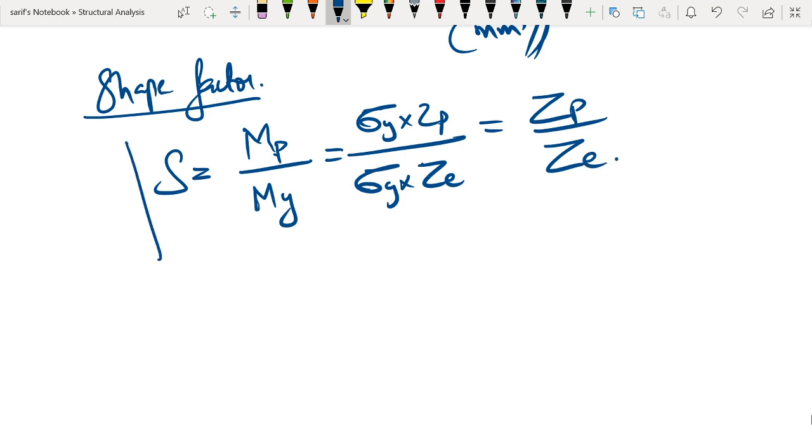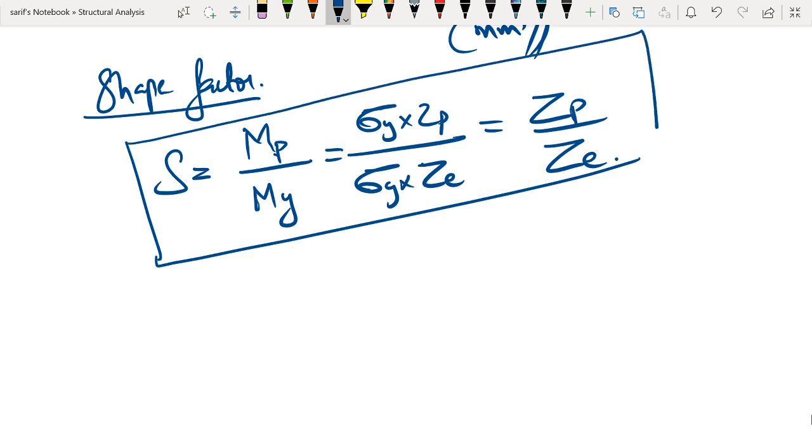So to calculate the shape factor, all you have to do is either take the ratio of the plastic moment capacity and the yield moment capacity, or take the ratio of the plastic section modulus and the elastic section modulus. And obviously we know that the shape factor will always be greater than 1, as the plastic moment capacity will always be greater than the yield moment capacity.